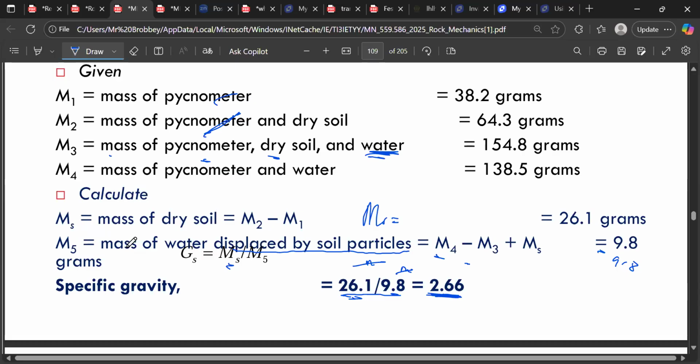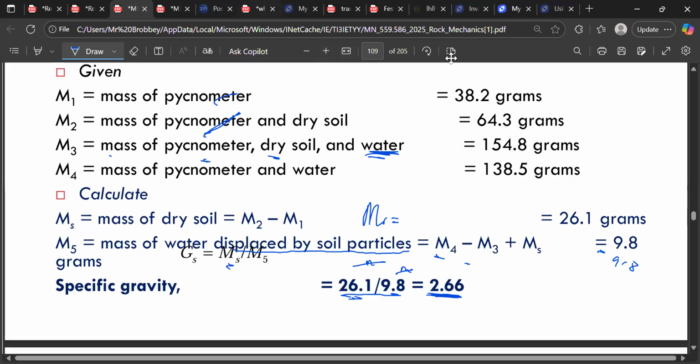From there, I also check the mass of the water in the M3, which is the mass of the pycnometer, dry soil and water, getting the M3 minus M2. After that, I check for the mass of the water in M4, meaning the pycnometer full of water, only water. Then the next step, the mass of the water equal in volume to solid. From there, I check for my gravity. So with the M5, it is a combination of about three steps, making it one. Yes. Okay, I get it.